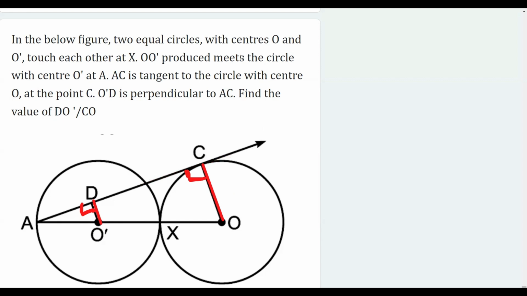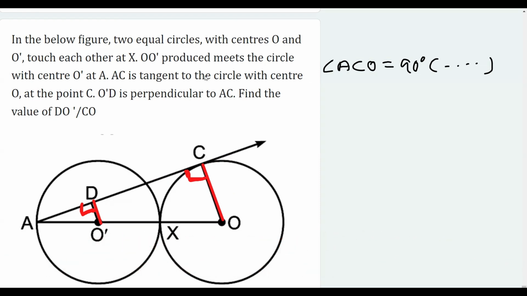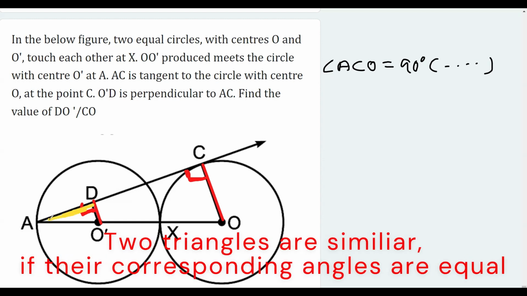So let's write it down. We have angle ACO is equal to 90 degree, and you may write down the reason that radius is perpendicular to the tangent at the point of contact. The other property which we are going to use is the property of similarity, that is, when two angles of a triangle are equal, they are similar.